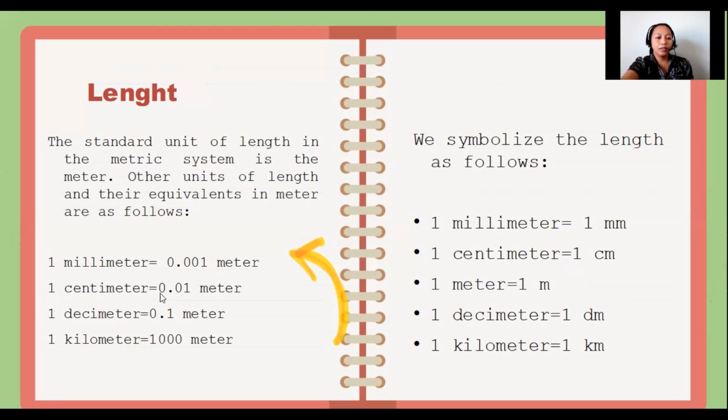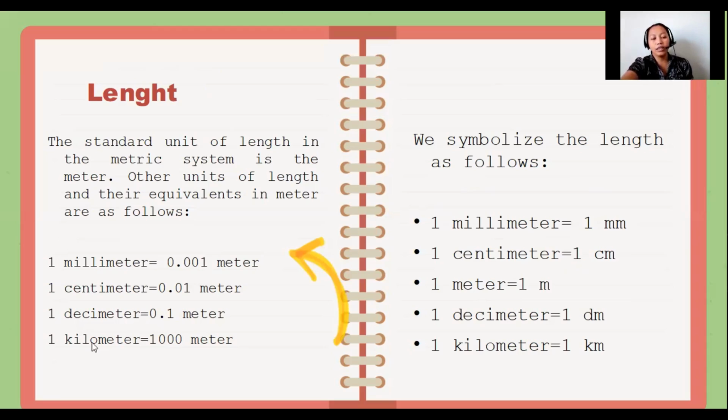So 1 centimeter is equal to 0.01 meter. And 1 decimeter is equal to 0.1 meter. Deci means tenths. Okay, so from this decimal place, just move 1 decimal place to the left. So 0.1. 1 decimeter is equal to 0.1 meter.